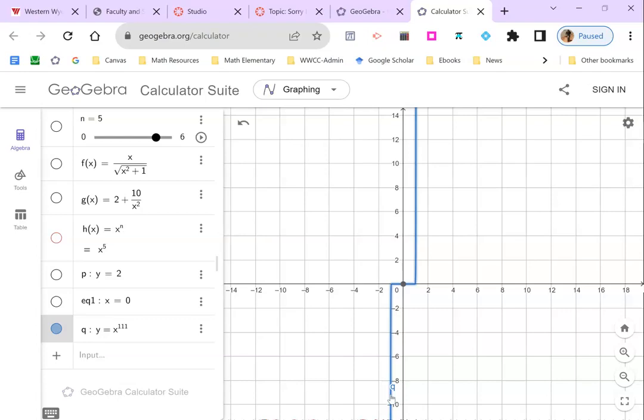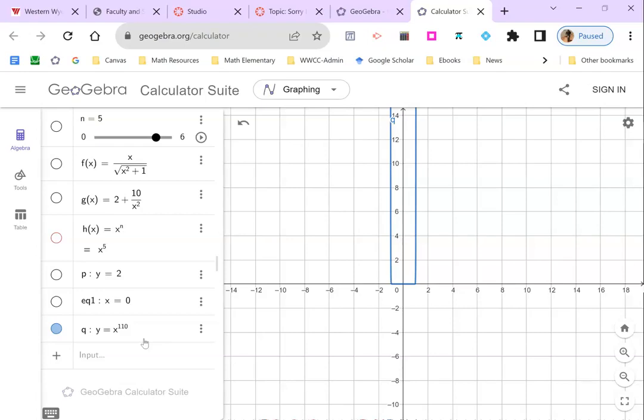I don't have it refined enough, and we're not zoomed in enough. So let's look at an even power real quick. Instead of 111, let's look at 110. And you see it shoots up really fast, but between -1 and 1 it's basically really close to what? 0. Because 1/10 to the 110th power is a really small number.